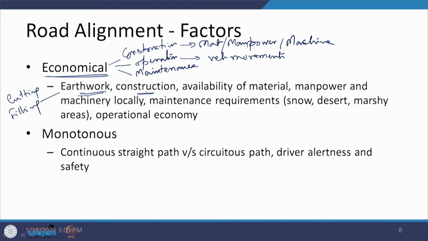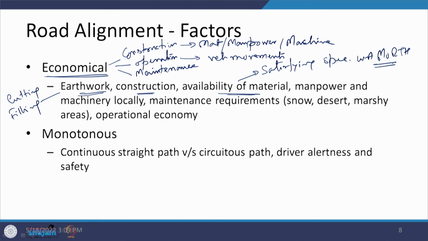Say if you have to go for a tunnel, then it is going to be a specialized job and the cost of your project is going to increase. But if it is a simple profile, then the normal machinery can work. So, that is the point. Availability of the material, whatever construction is going to be there, whether the material which is available is satisfying the specifications with respect to the MORTH document related to the specifications for roads and bridges.